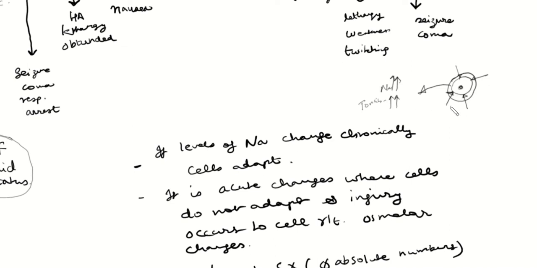If this thing happens very quickly, this is where the cell doesn't adapt and gets damaged, and you actually start to see symptoms.